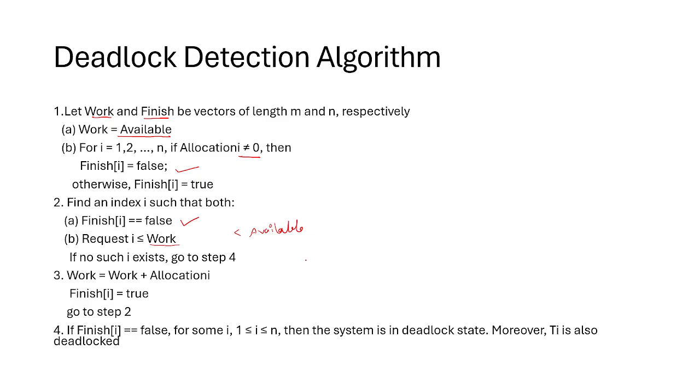While allocating, you have to update the Work vector. Work is equal to the currently available plus Allocation. Once the thread completes, its already allocated resources also have to be added into the available. Then you make Finish of that particular thread equal to true. This is after completion.